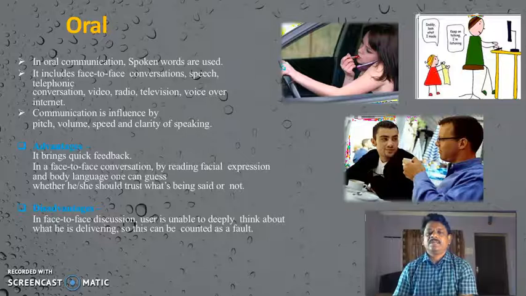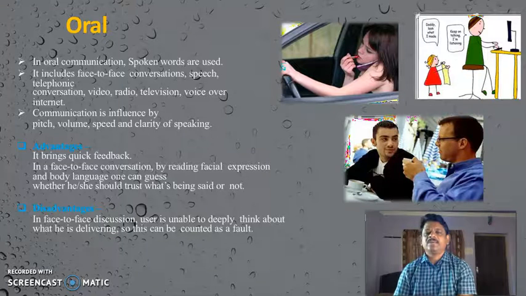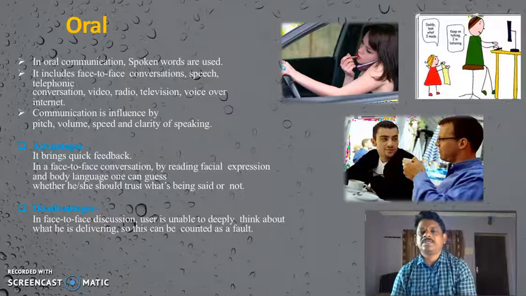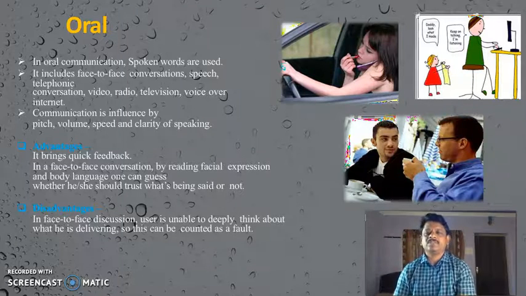These are certain aspects of oral communication. The advantage is that it brings quick feedback, because it is face to face and direct. By reading facial expressions and body language, one can guess whether to trust what is being said or not. That is another important advantage of oral communication.